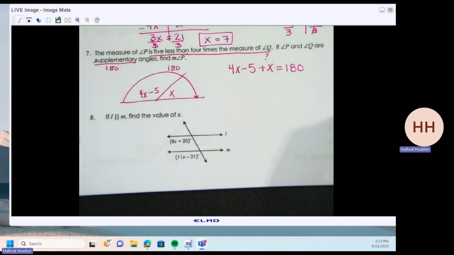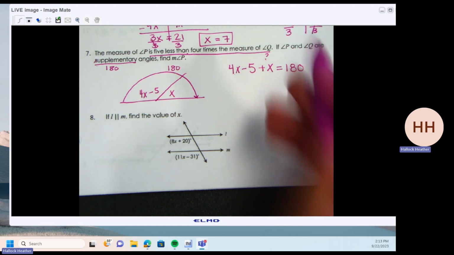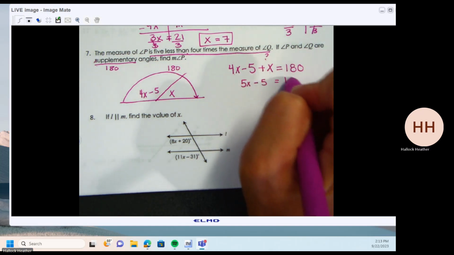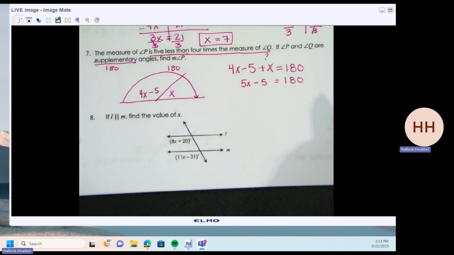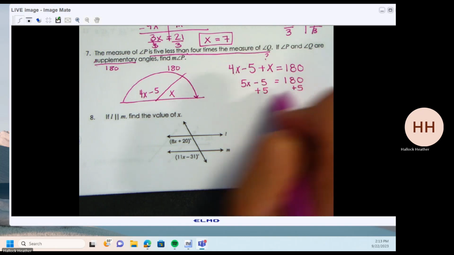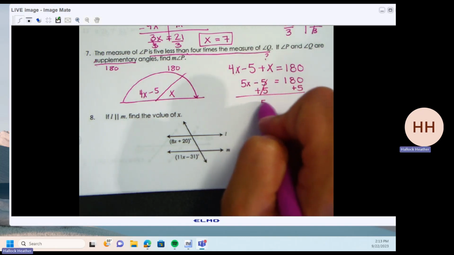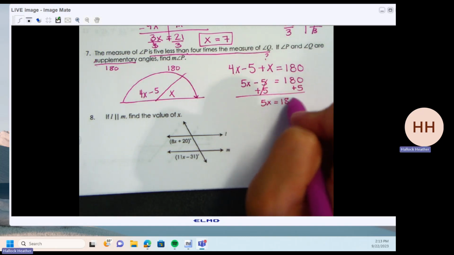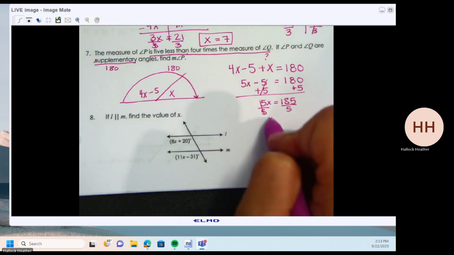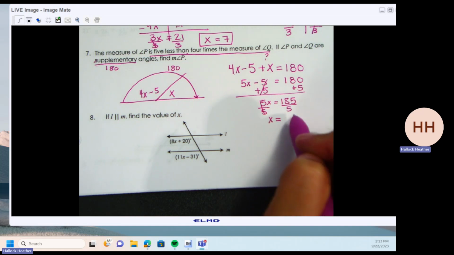And now I can combine like terms. 4x and 1x make 5x. Now I'm going to add 5. 5x equals 185. Then I'm going to divide by 5, so x equals 37.